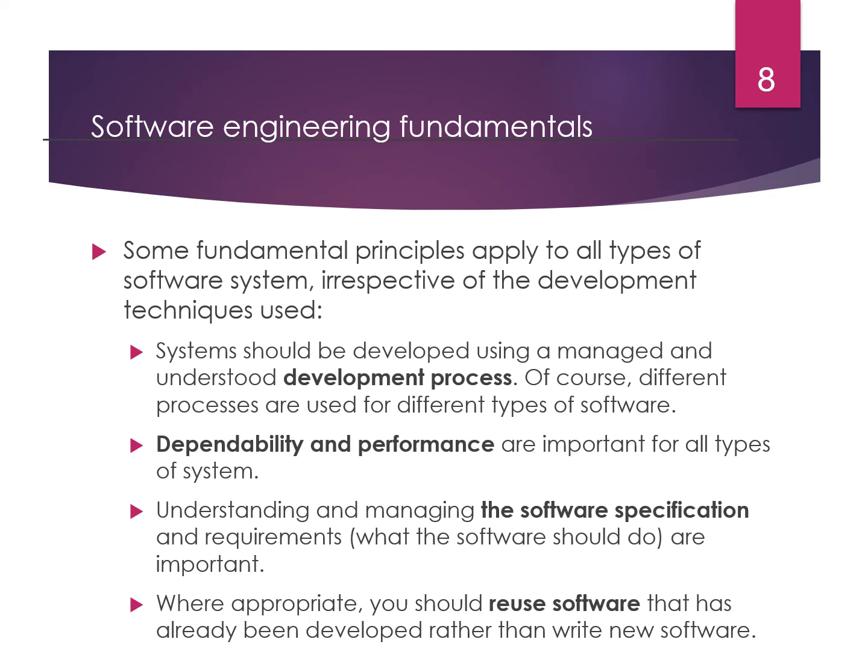When you are dealing with software engineering and software development, there are often dependability and performance concerns, which are important for all types of systems. Dependability includes things like security. Security is often dependent on usability.